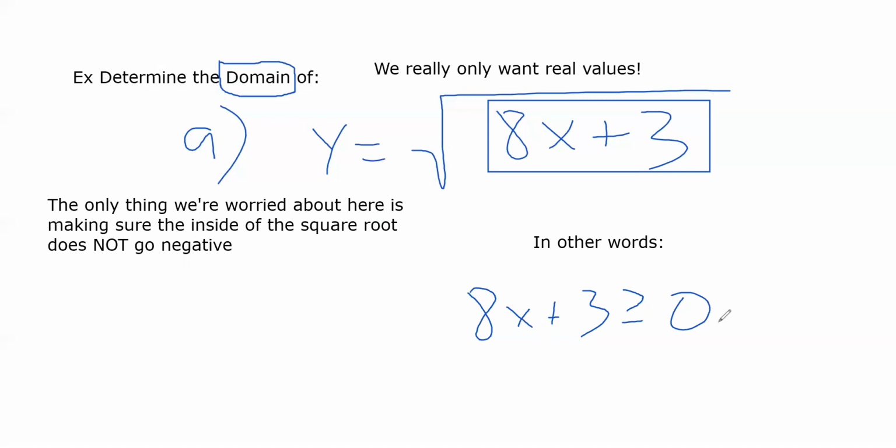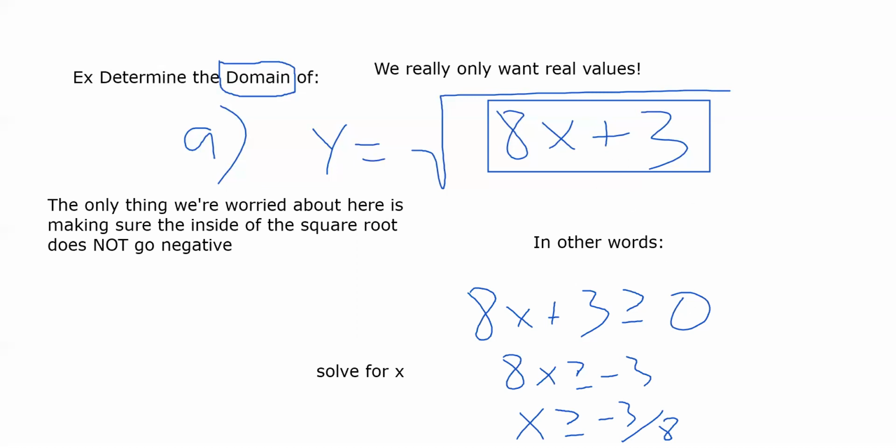This is literally, in math terms, our way of saying that 8x plus 3 has to be greater than or equal to 0. This means we can solve for x. Move the 3 over, you get 8x greater than or equal to negative 3. Divide both sides by 8, you get x greater than or equal to negative 3/8. Ta-da! You just found your domain.